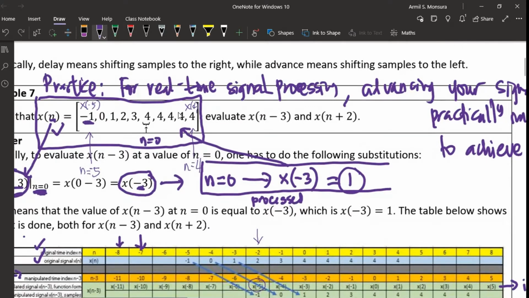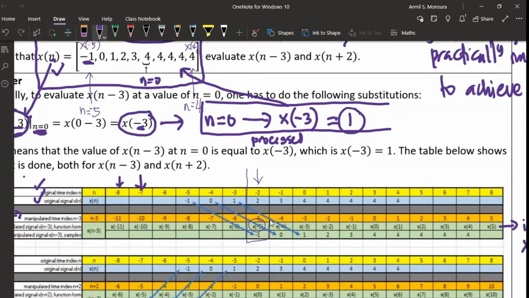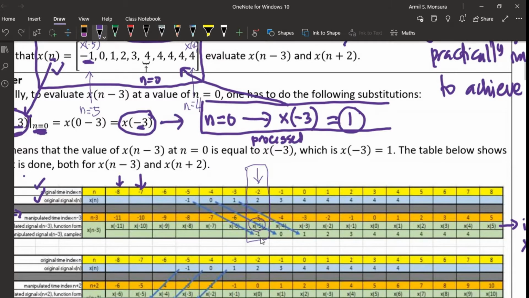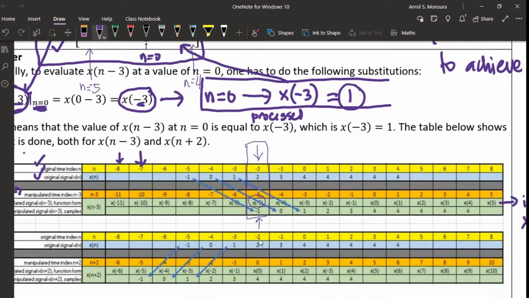So, una siyang mag-a-appear dito sa index na to or dito sa column na to. Okay? So, ibig sabihin, dyan din unang mag-a-appear yung first non-zero sample ng manipulated signal niyo.